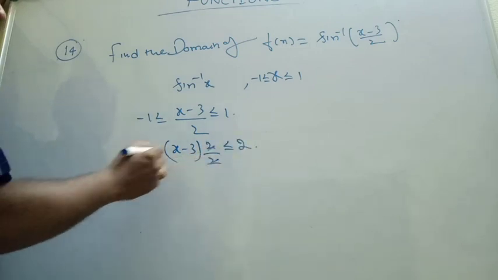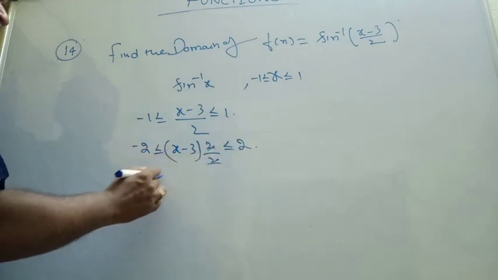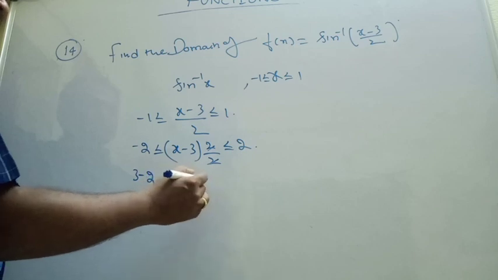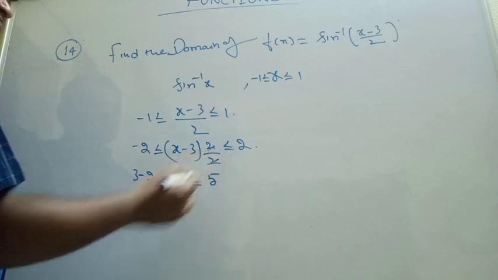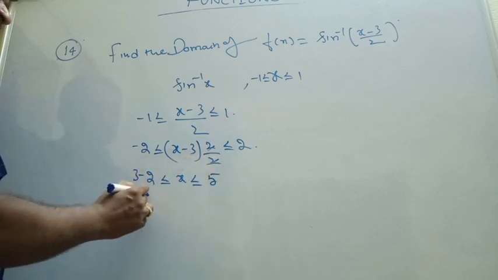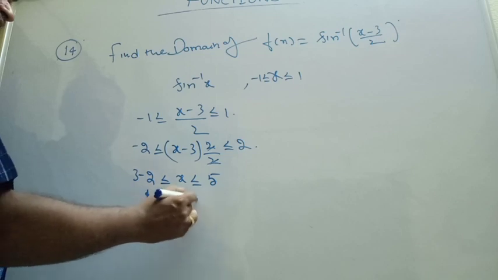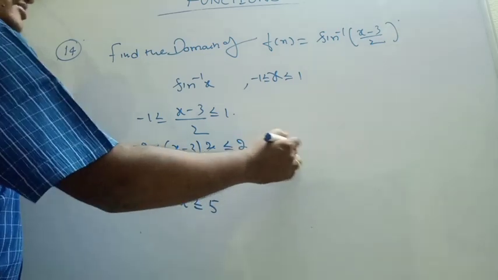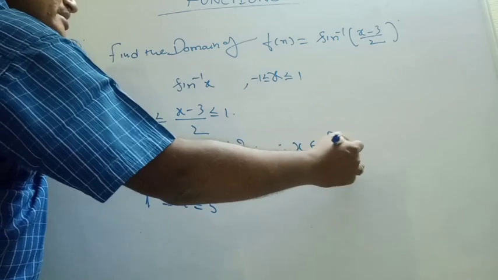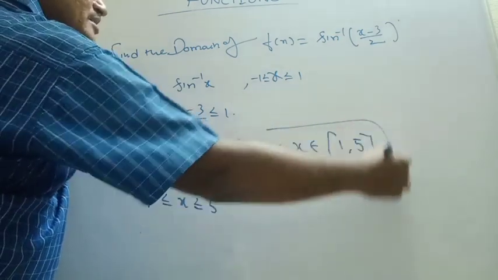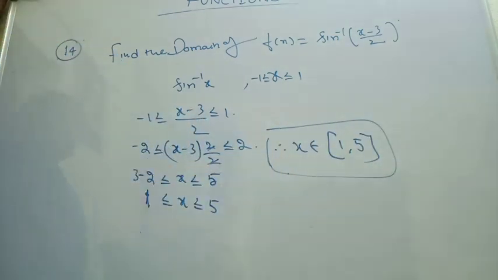Now add 3: 3 − 2 ≤ x ≤ 5, so 1 ≤ x ≤ 5. Therefore, x belongs to the closed interval 1 to 5, which is the domain of this function.